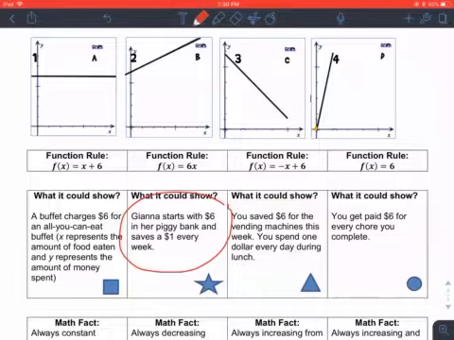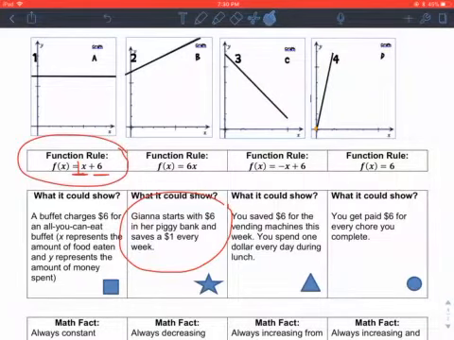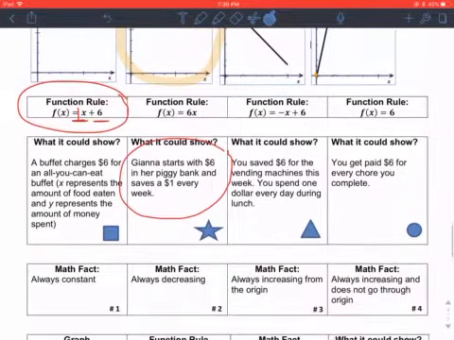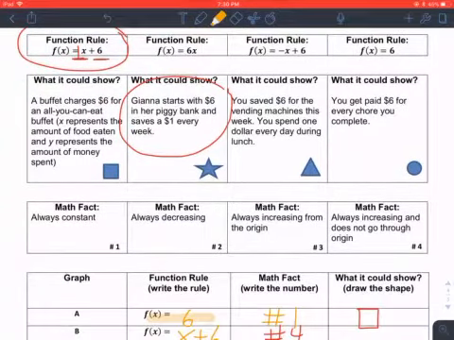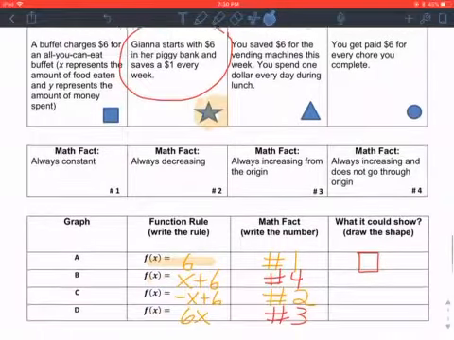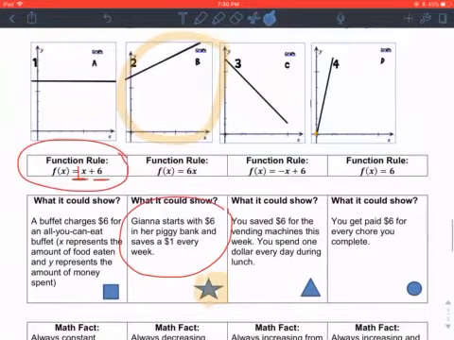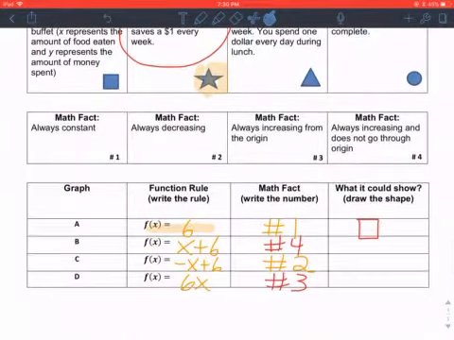Her money is going up, so she starts with $6 and it's going up +1 every week. So this is the correct function rule, and this is the correct graph. So I'm going to look for that graph and that function rule and match it up with the star right here. Okay, so which one was x plus 6? That was number 2, so my star is going to be number 2.